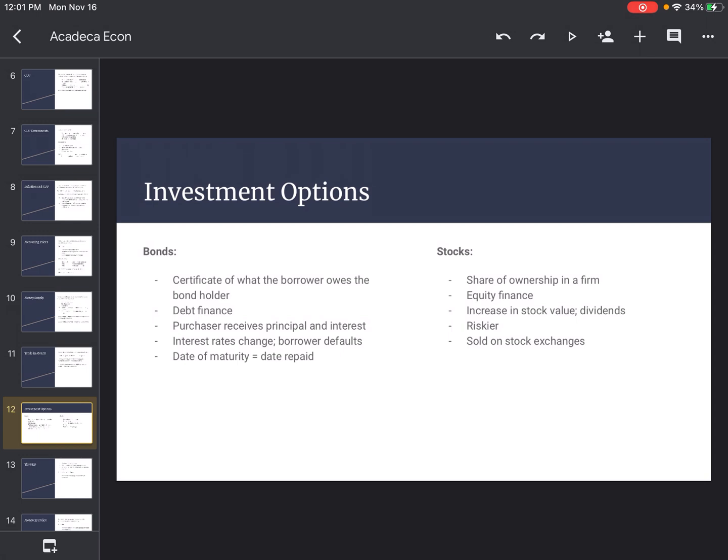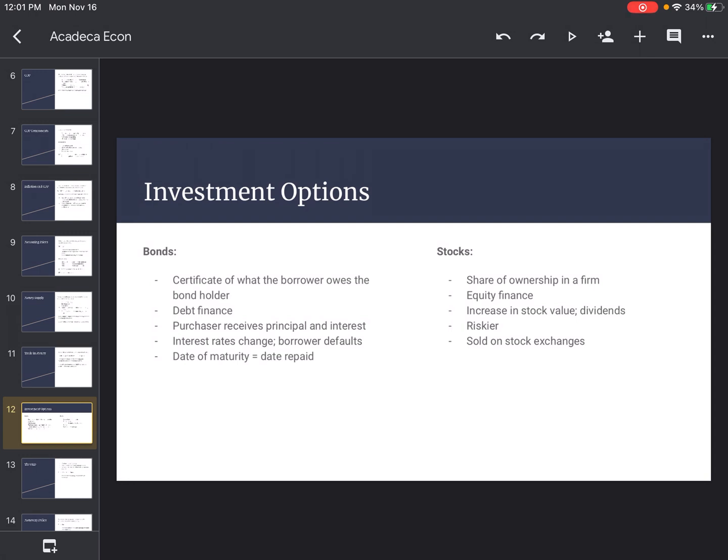The specific class is equity finance, as opposed to something being more direct. The profit comes from an increase in stock value and dividends. So if a company makes money, you make money. It is riskier than bonds, because there's nothing really saying that the company has to pay back stockholders.